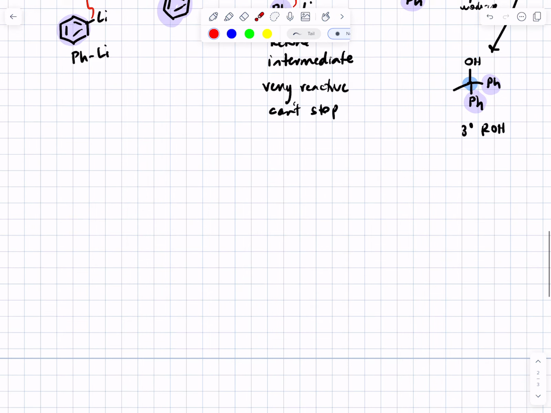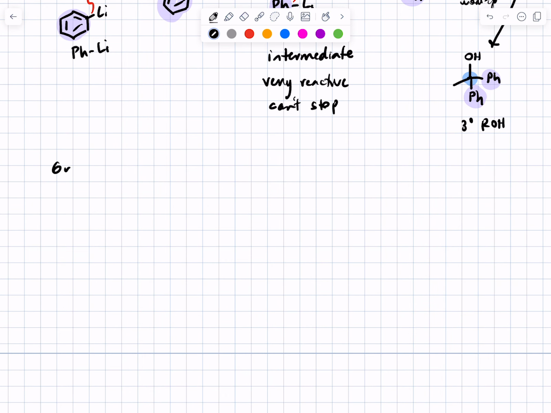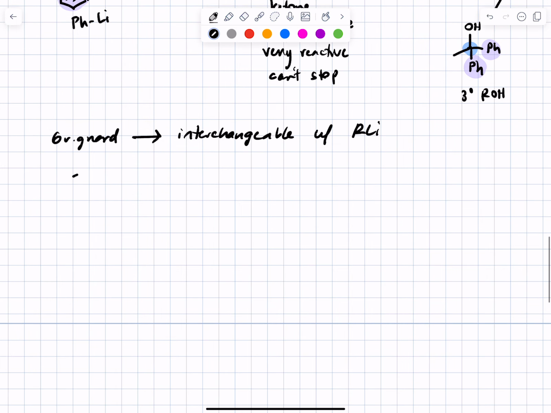All right, I'm going to gloss over really quickly the Grignard reagents because there's not really a lot to say about the Grignards that's not said above about the organolithium reagents. These are interchangeable with the organolithium reagents.